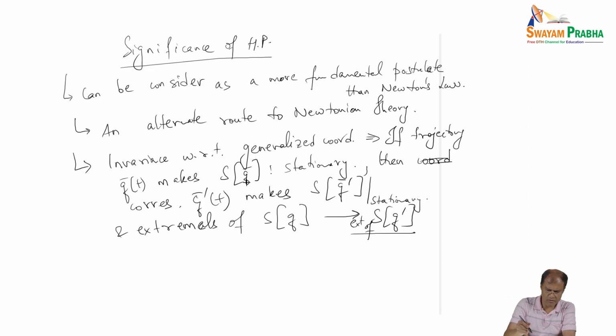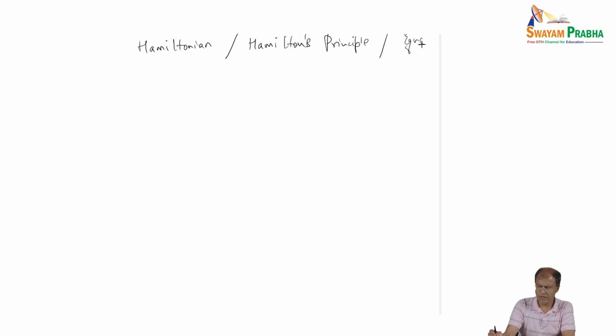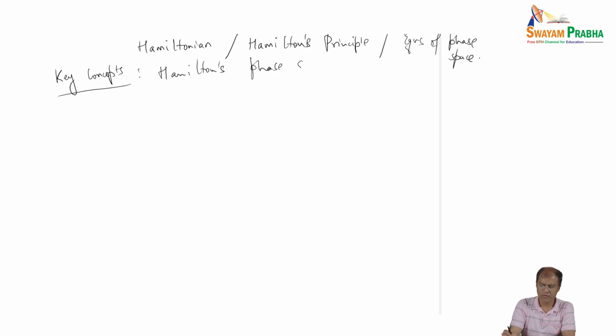And so what we want to do now is introduce the concept of Hamiltonian, and also introduce Hamilton's principle and the equations of phase space, right? So the key concept that we want to study is the Hamilton's phase space. So what is the phase space?